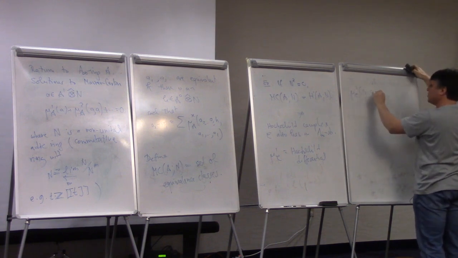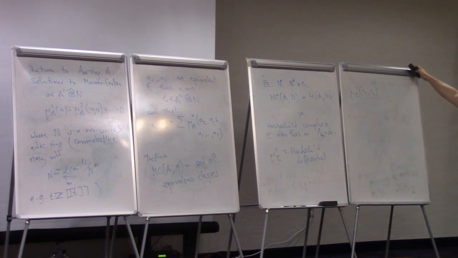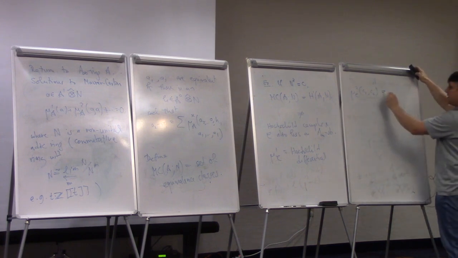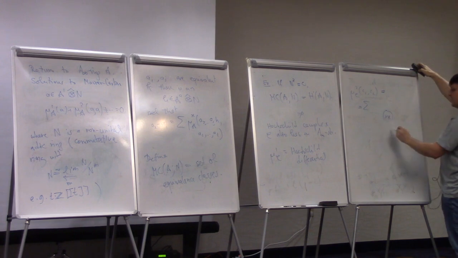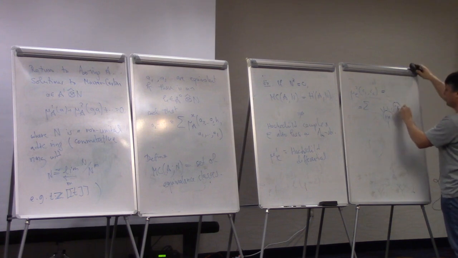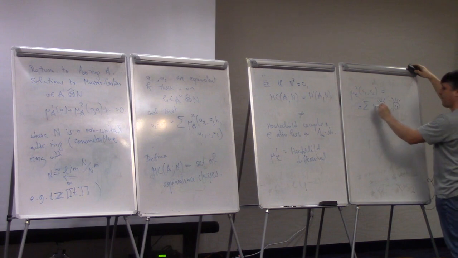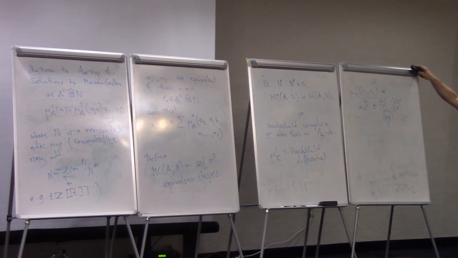This involves two Hochschild cochains: you take the multiplication of A, the A infinity multiplication, and then you stick in C2 and C1 here. And all the higher order A infinity structures look like this.